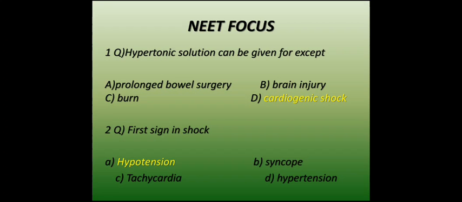In prolonged bowel surgeries, burns patients and brain injuries, hypertonic solutions are given so that they reduce the edema formation. This is the most important treatment in these conditions. Whereas in cardiogenic shock, the mainstay of treatment is administration of inotropic drugs, that is dopamine. Dopamine is the drug of choice for cardiogenic shock.